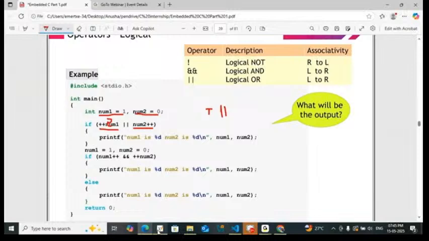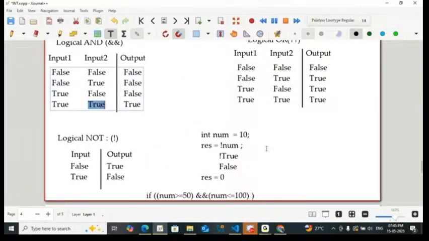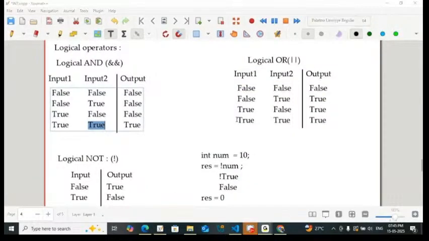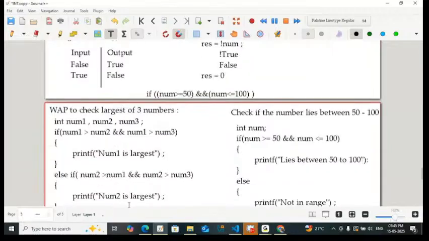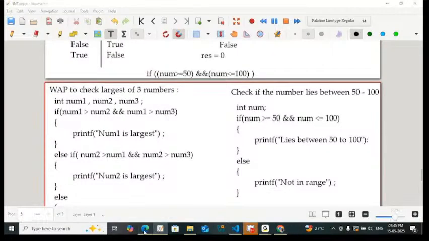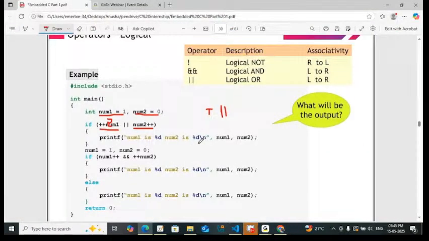When the first input is true, the output is true, whether the second input is true or false doesn't matter. So in case of logical OR, it directly concludes the output as true.